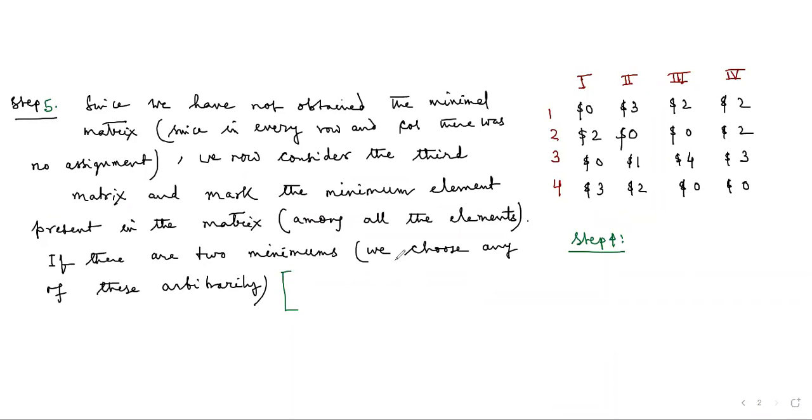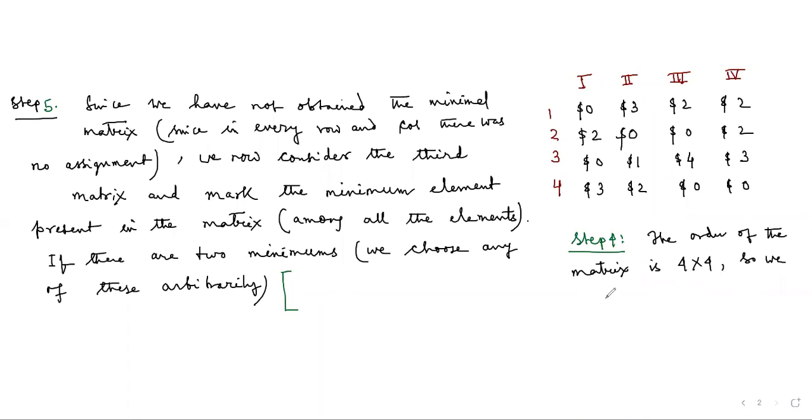How many assignments you are supposed to get? 4, because the size of the matrix is 4 by 4. So let us write this point first of all. The order of the matrix is 4 by 4.